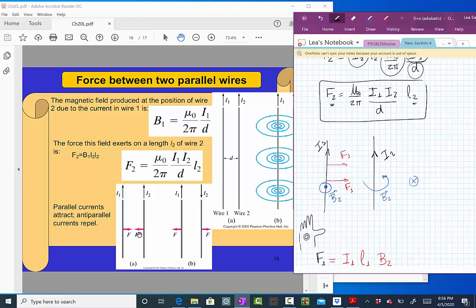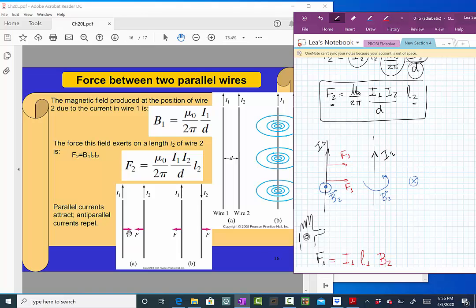So what do we see here? That when we have two parallel wires where the currents go in the same direction, they attract each other. Very nice.